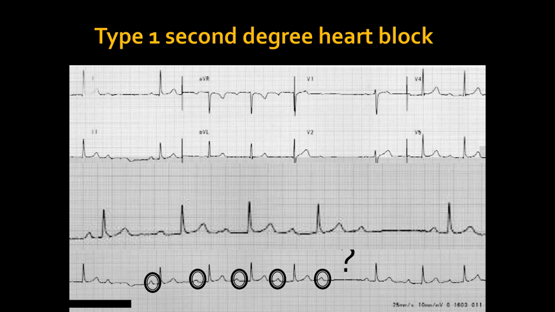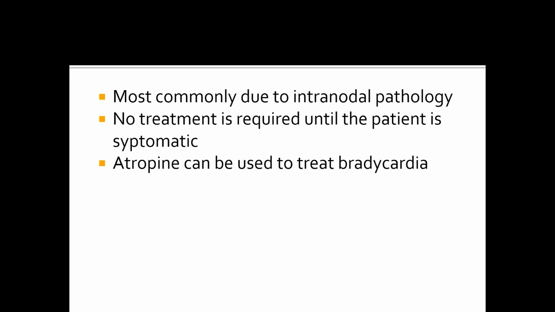So here you can appreciate in this magnified view, most commonly due to intranodal pathology. किसी वजह से AV नोड का इस्कीमिया हो जाए या उसके ऊपर कोई ड्रग्स एक्ट करती हों तो उसकी वजह से ये टाइप 1 सेकेंड डिग्री हार्ट ब्लॉक आएगा. No treatment is required until the patient is symptomatic. Atropine can be used to treat bradycardia.